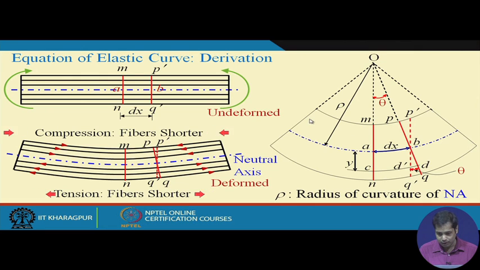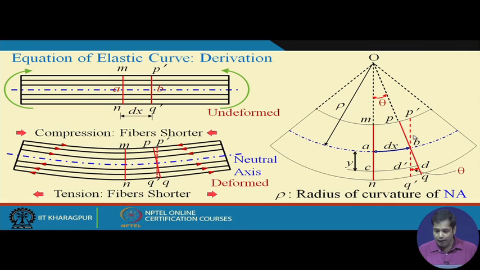The top fiber length decreases and the bottom fiber length increases, or for that matter all the fibers below the neutral axis are under tension, their length increases, and above the neutral axis it decreases. MN and P dash Q dash are these two planes.